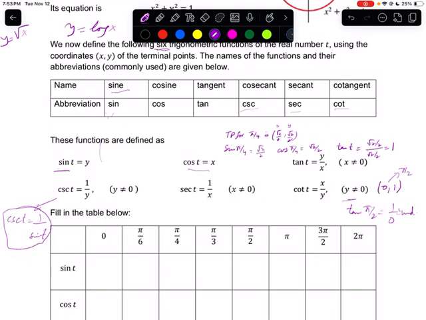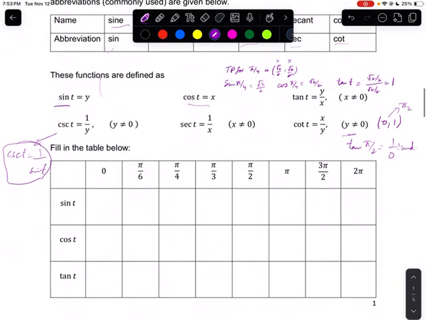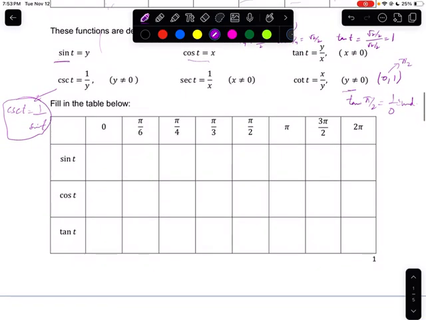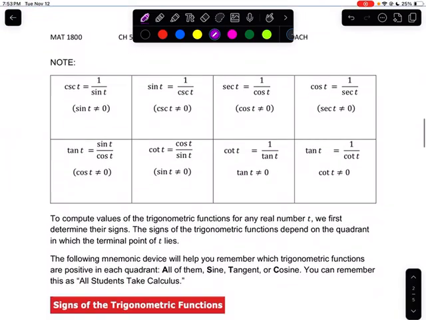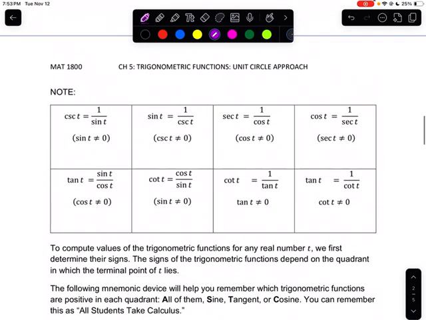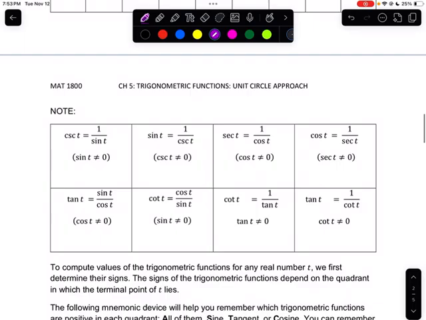Now, knowing these functions and the terminal points of each of these t values, you have to fill in this table. I am not going to fill it in. This is your job, and you should then memorize these values. Now note what I showed you above.